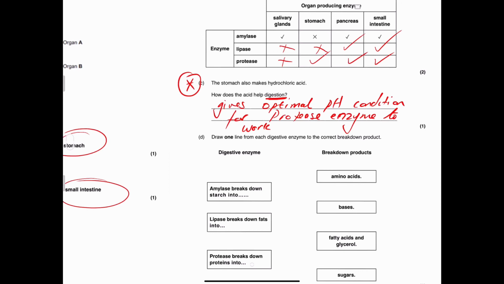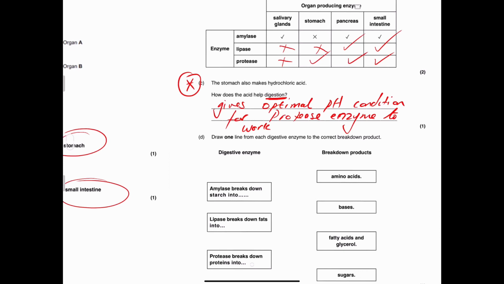So you have to know clearly that digestion is the breaking down of food. So it's to do with enzyme activity. Protease is an enzyme that breaks down proteins and it's secreted in the stomach. So the examiner is asking you to look at enzyme activity. And as I said, we're going to come on to this. So this will just be something that you can remember when we go on to enzyme activity about optimum conditions.